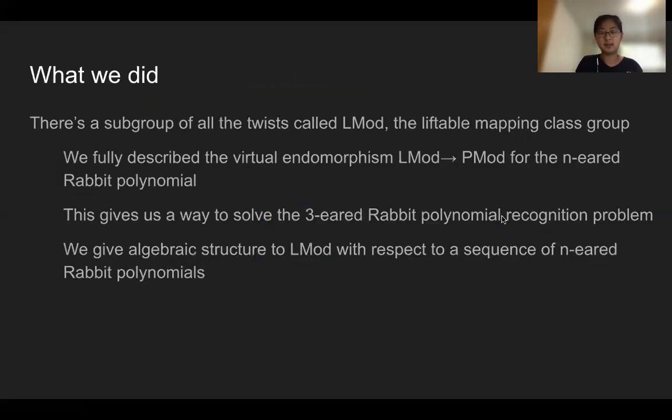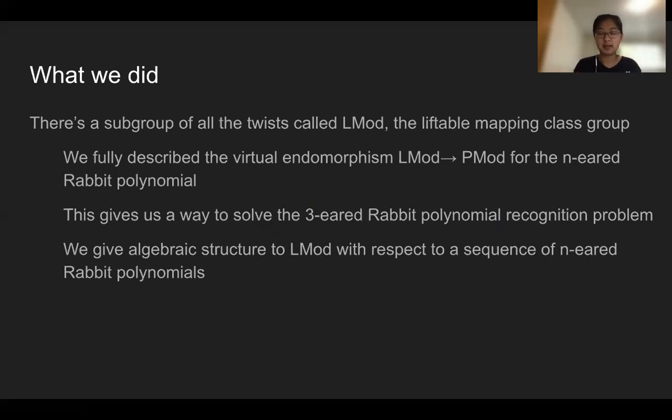And in a short summary, this is what we did. So there's a subgroup of all the twists called L mod. These are the liftable mapping class groups. What do we mean by liftable? Well, we care about lifting because it turns out that there's an operation called lifting that preserves the equivalence class of the polynomial.